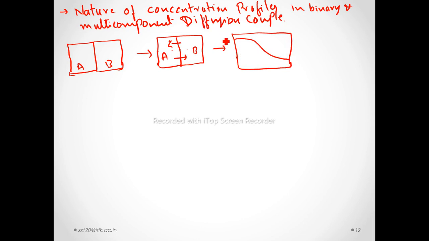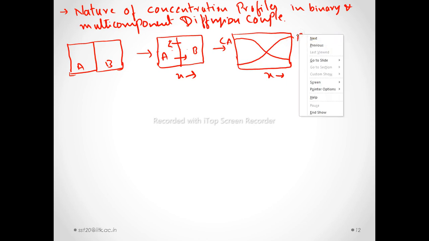This is the concentration of A. Towards the right side, the concentration of A is more, and when we move towards the x direction, from A to B, the concentration of A goes on decreasing, and when we move from the opposite direction, the concentration of B goes on decreasing. This is the concentration of B. Correct?